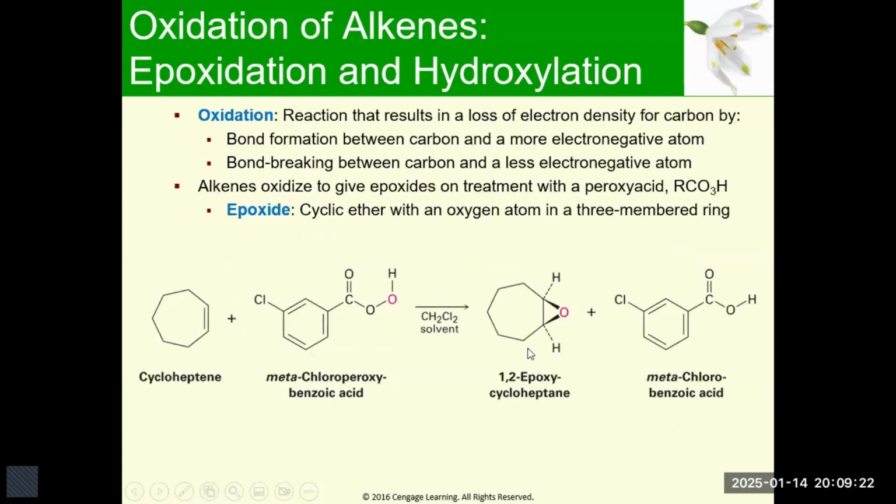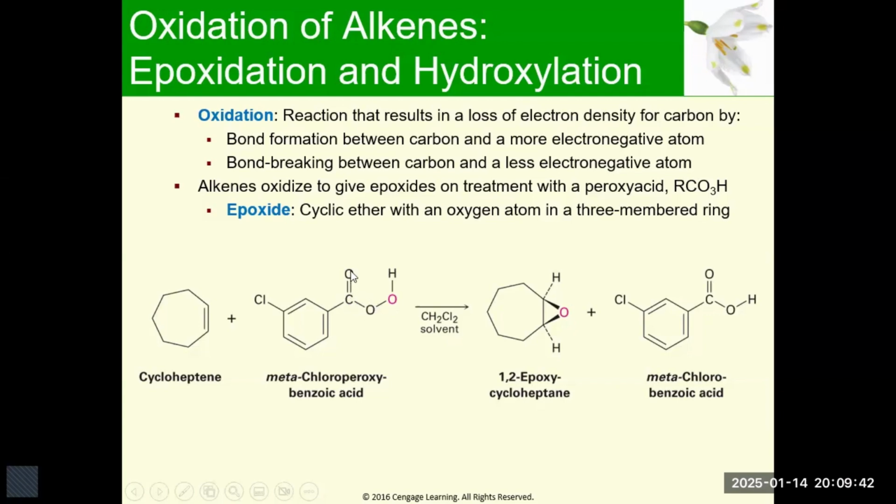So let's look at it again a little bit bigger. Again, your alkene suddenly becomes an epoxide. And just to explain, this right here is the peroxy acid.